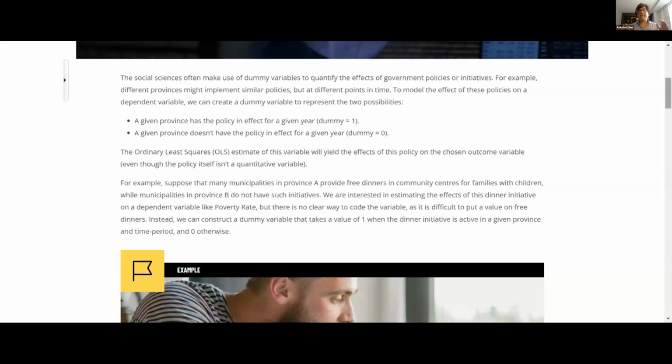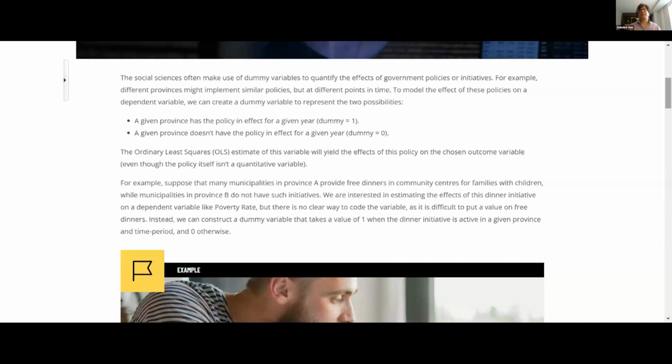So if you have variation in your data, where some provinces went earlier in allowing pharmacists to give flu shots, then what you do is you'd code it as 1, and 0 if in a certain year provinces did not allow pharmacists to give flu shots, right? 1, 0.